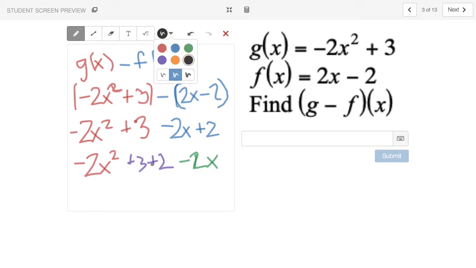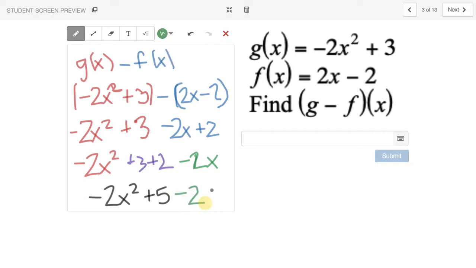So our answer is going to be negative 2x squared. Positive 3 and positive 2 become positive 5 because they are like terms. They both are variableless, or don't have a variable. I'm making up words. And then subtract 2x. Since that's our answer, put all that together: negative 2x squared, plus 5, minus 2x.